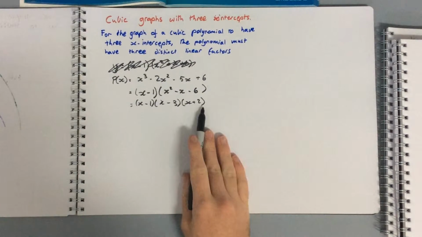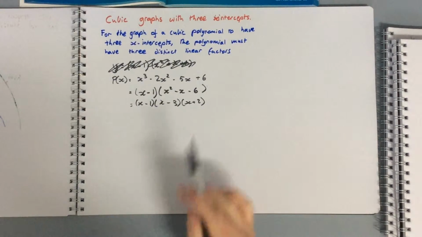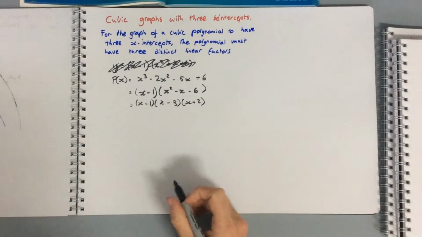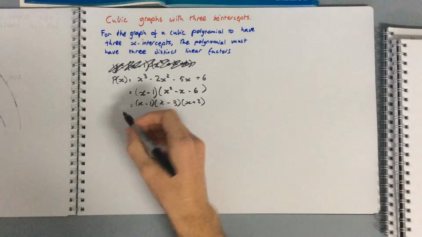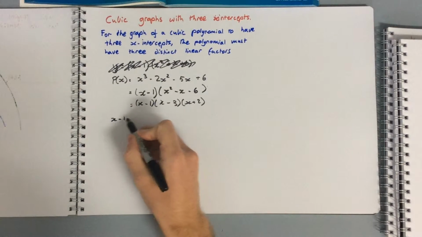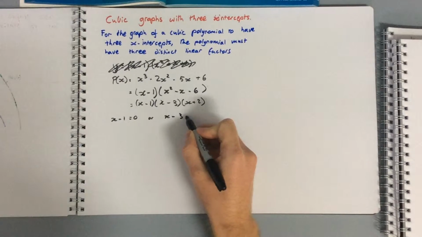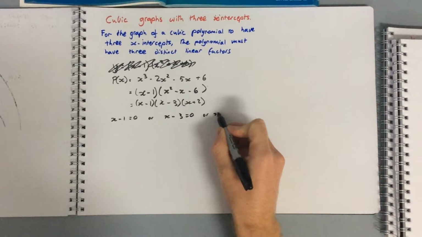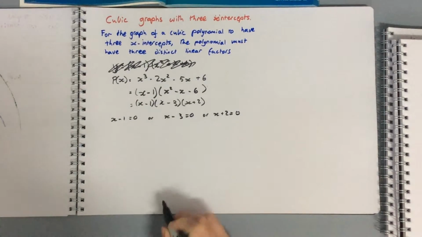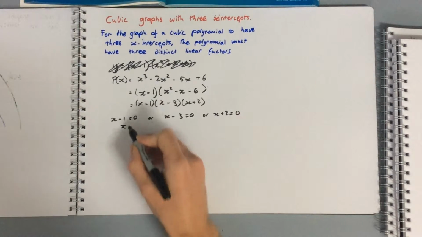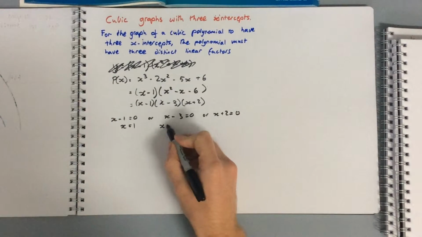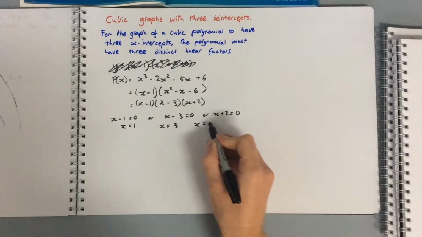Well, these are actually all our zeros, or our x-intercepts. Like our quadratics, when we use the null factor law, we can say x take 1 equals 0, or x take 3 equals 0, or x plus 2 equals 0, and solve for those. So we'll have x equals 1, x equals 3, x equals minus 2.